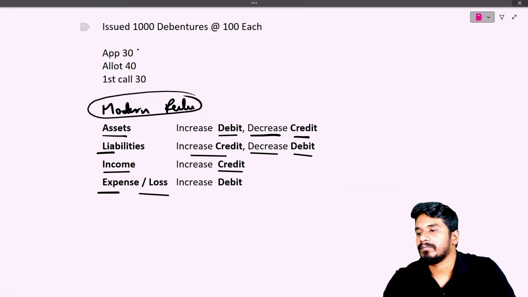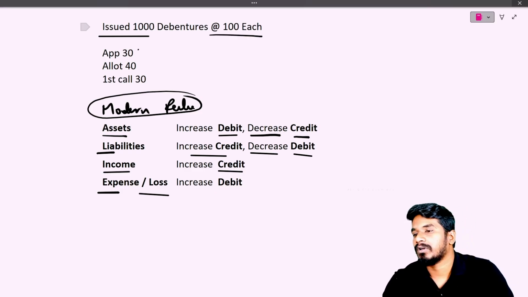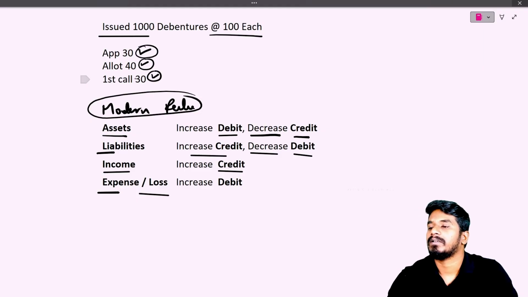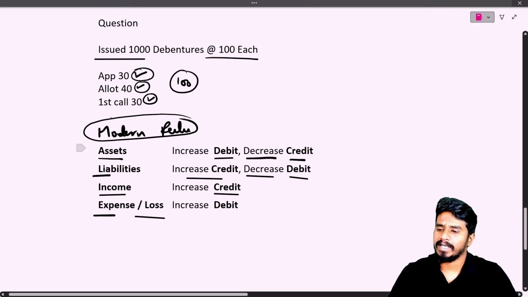Let us see one example, and we will solve a main question in the next video. The company issued 1,000 debentures at 100 each. On application, people need to pay 30 rupees. On allotment, they need to pay 40 rupees, and on first call 30 rupees. So overall 100 rupees they need to pay, in installments.